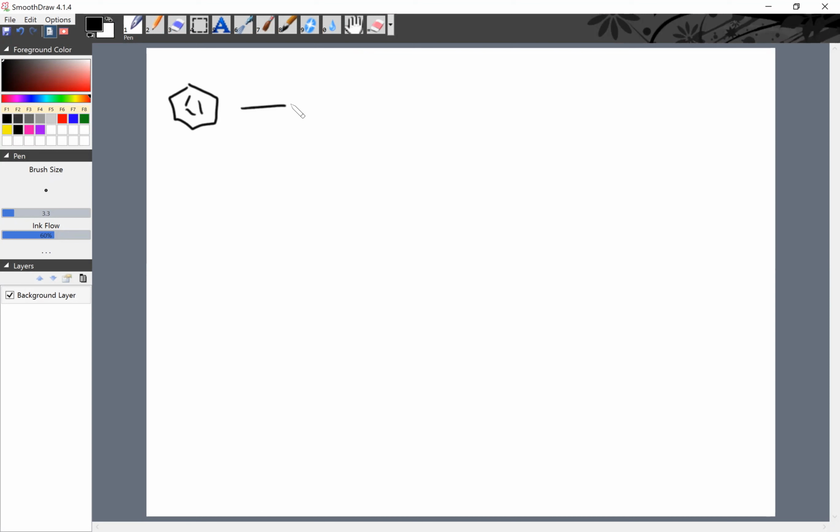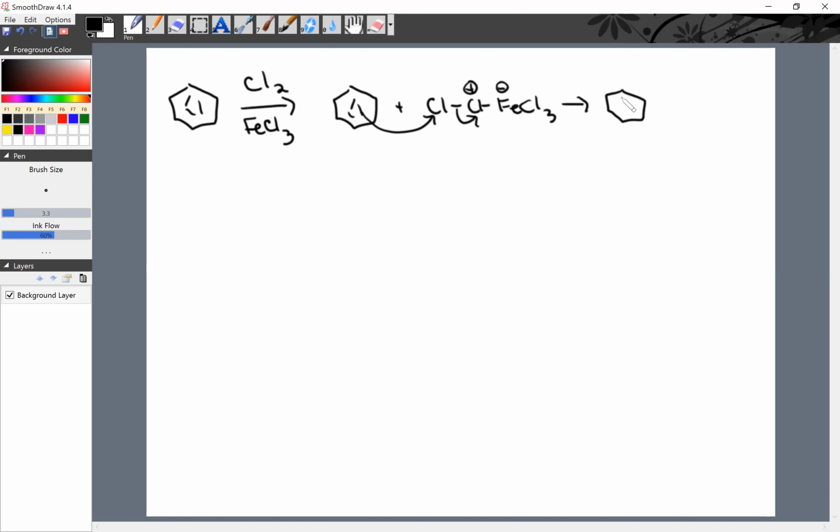So let's do halogenation first. We'd have Cl2 and we would have FeCl3. And what is really happening is the benzene is really seeing, whoops, that's a chlorine, this. Okay, so it attacks. That hydrogen is still there, and now I have attached a chlorine.